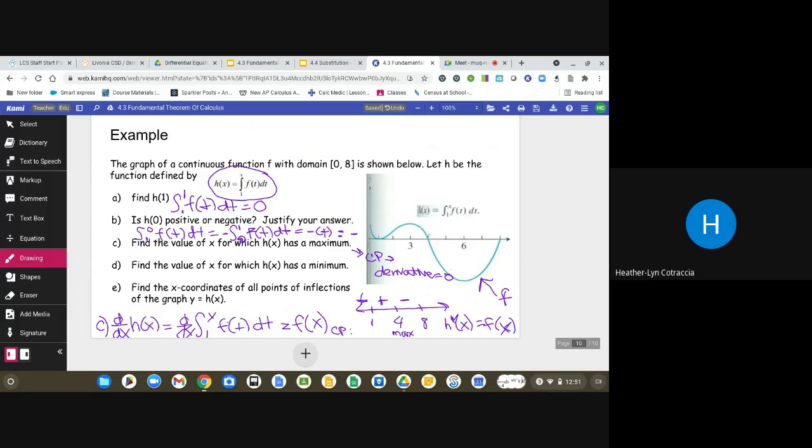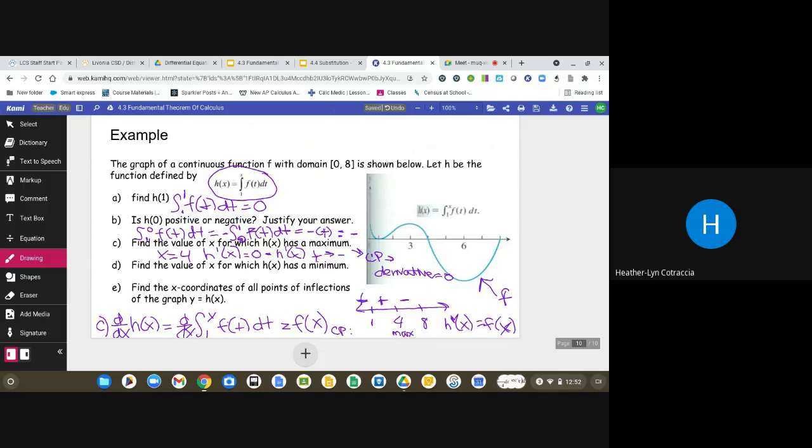So at 4, I would say you have a maximum. And the reason why you have a maximum is because h prime of x equals 0, and h prime of x goes from positive to negative, which means my h of x will go from increasing to decreasing.